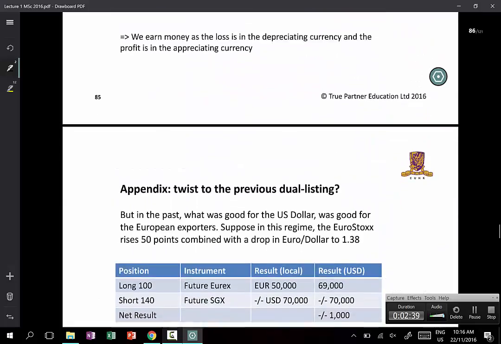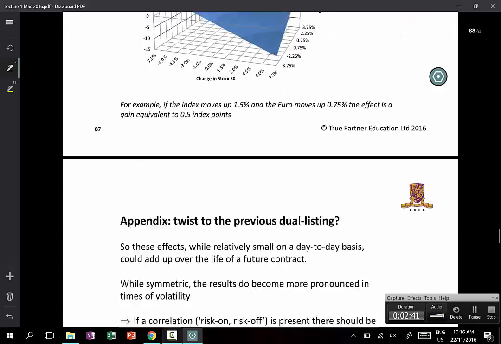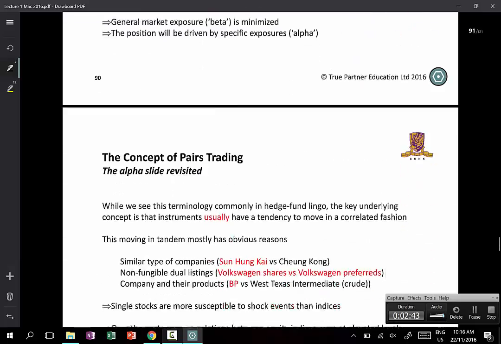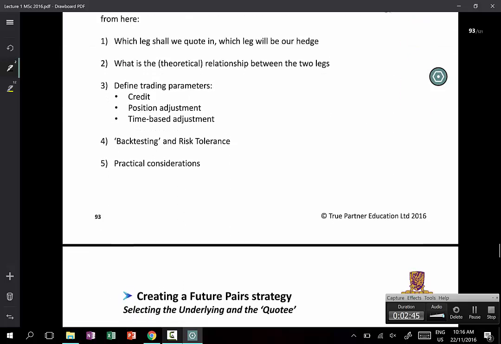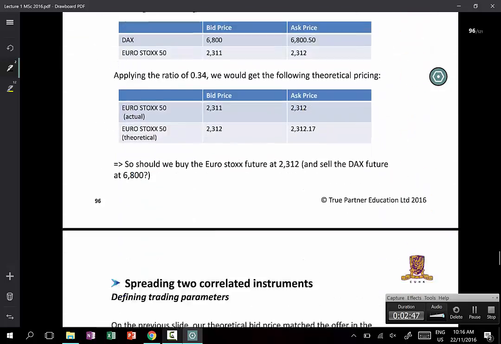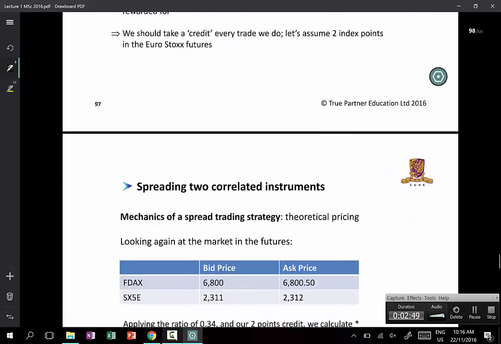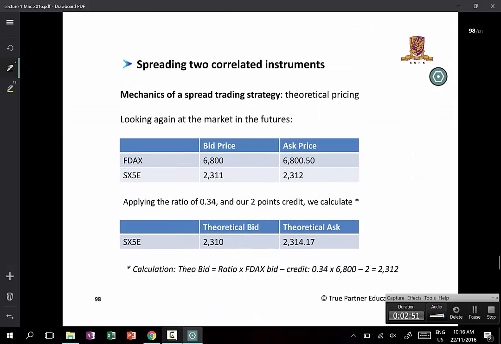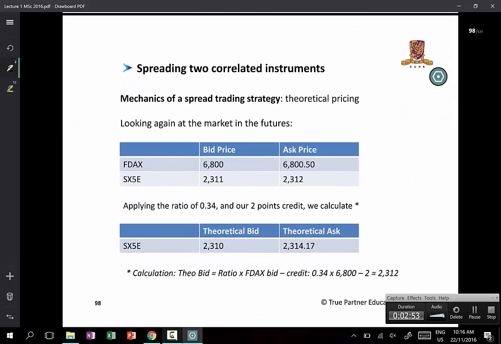So this is again trading the DAX versus the Euro stocks. So the idea is that they should be, or you think they are, connected by some kind of ratio, and let's just assume that is true.